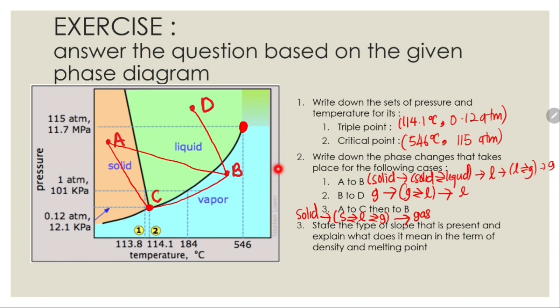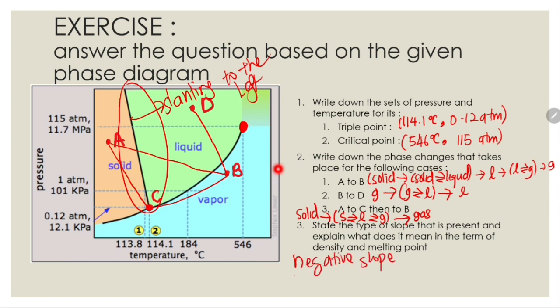State the type of slope that is present and explain what it means in terms of density and melting point. Your slope here is slanting to the left. Is it negative or positive? It is a negative slope. What does it mean? We have a solid region which is smaller than the liquid.